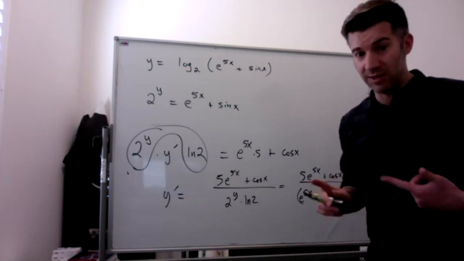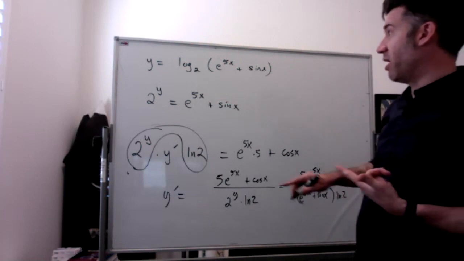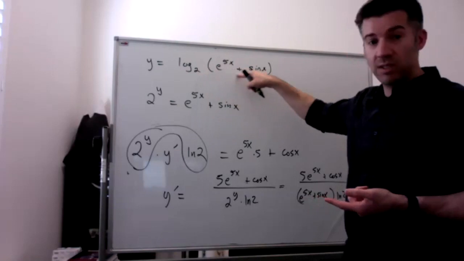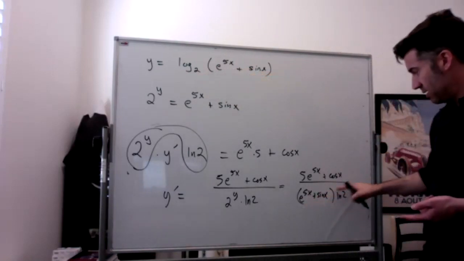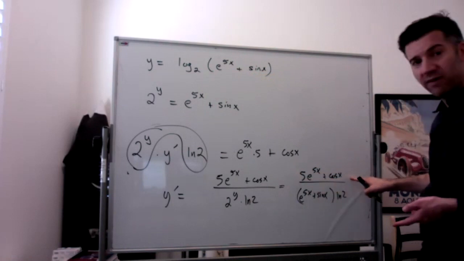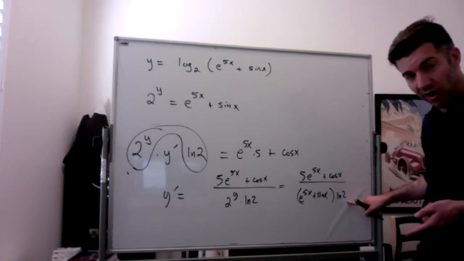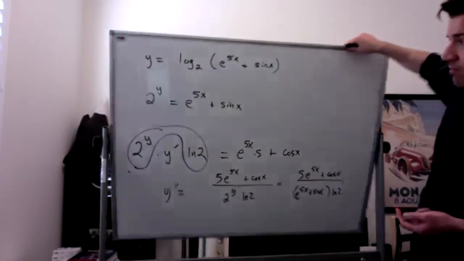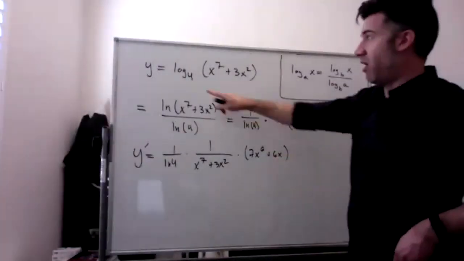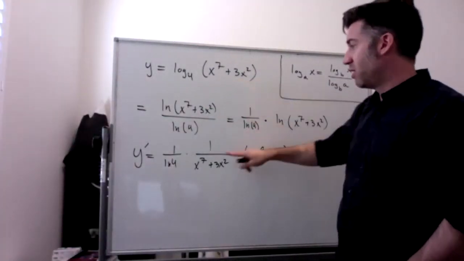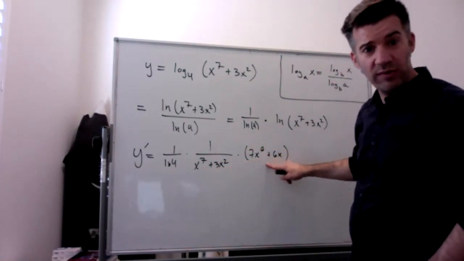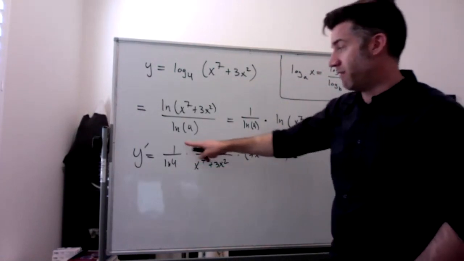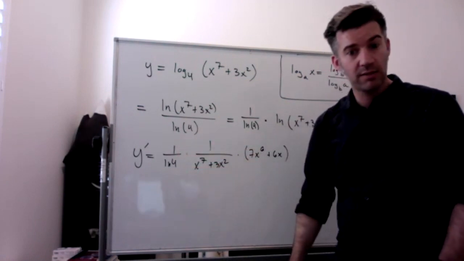Or here's how I would say it. The derivative of log base 2 of some stuff is 1 over the stuff times the derivative of the stuff divided by the natural log of the base. The derivative of log base 4 of some stuff is 1 over the stuff times the derivative of the stuff divided by the natural log of the base.